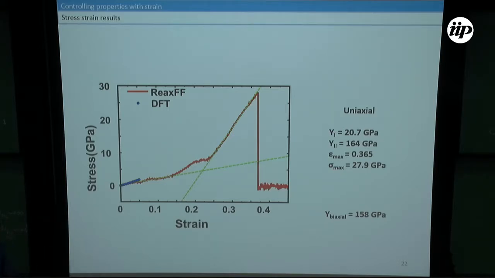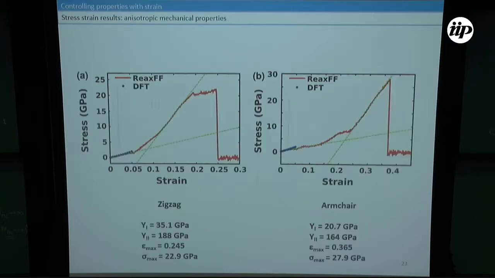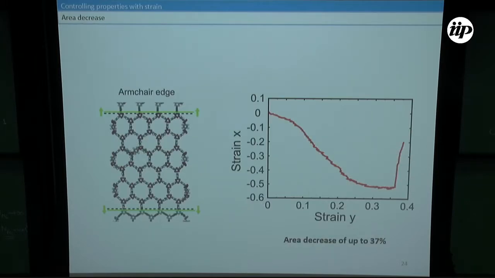The maximum strain that we got was 0.365, and the ultimate tensile stress was 27.9 gigapascal. And just in passing, the material has anisotropic mechanical properties. If you apply the strain in the armchair or zigzag direction, you get very different results for the Young modulus and also for the strain and stress.